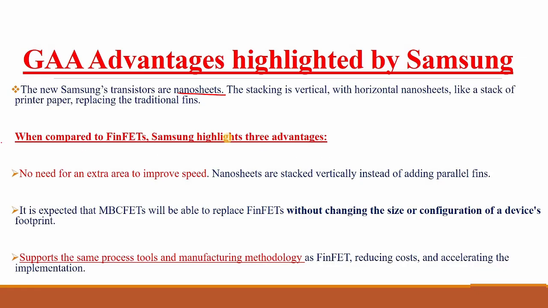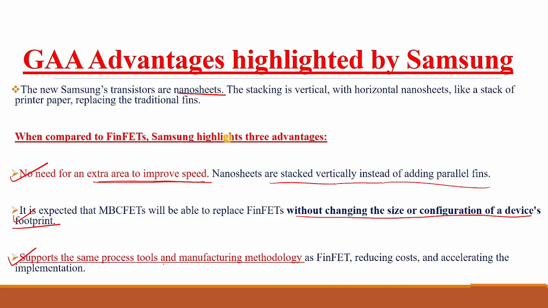First, no extra area is required to improve speed, since nanosheets are stacked vertically instead of adding parallel fins. It is expected that MBCFET will be able to replace FinFET without changing the size or configuration of the device footprint.